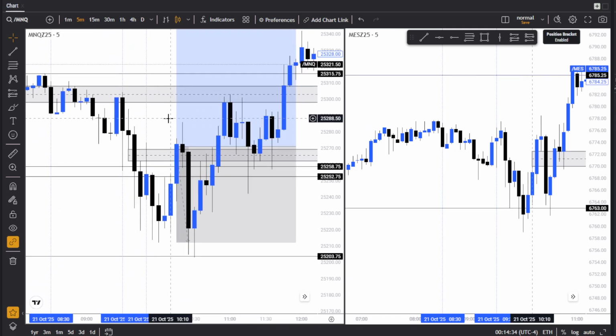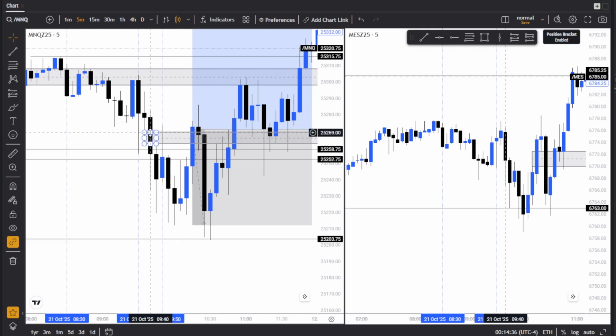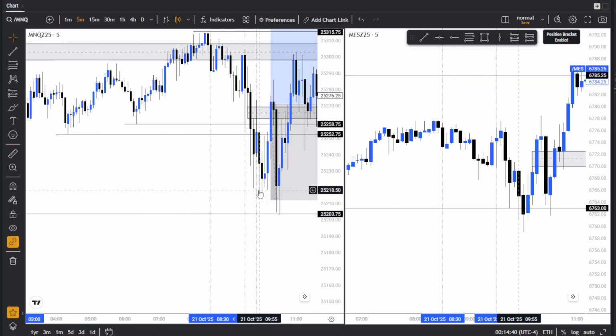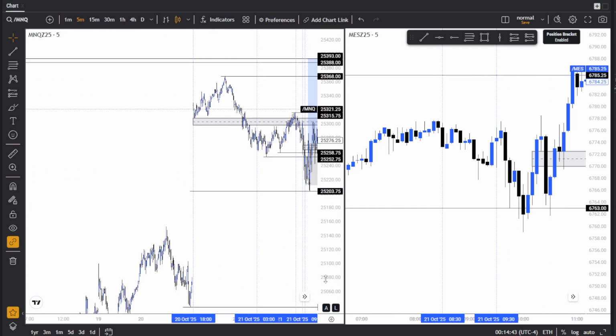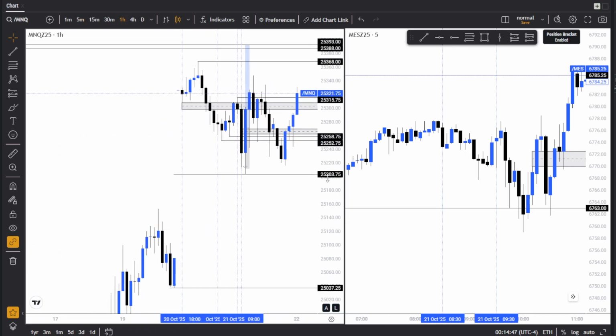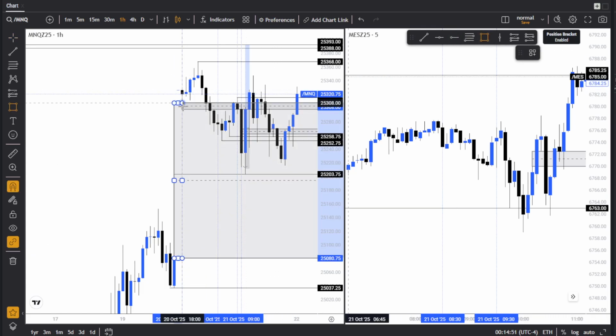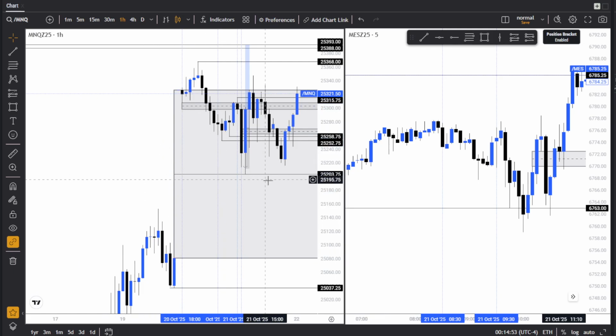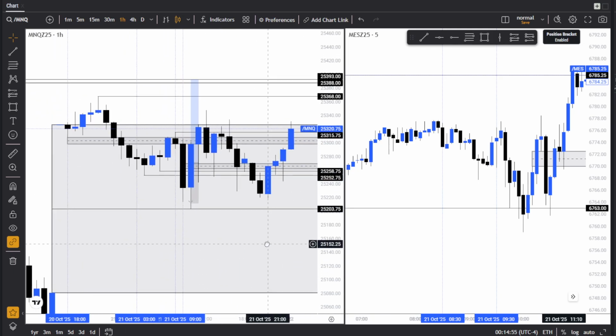Okay. So, two things I did wrong, which I'm actually not too mad about. Initially, I wanted equilibrium of this gap to get hit. Okay, so I'll show you right now. See where that line was maps out the equilibrium of this opening gap right here.